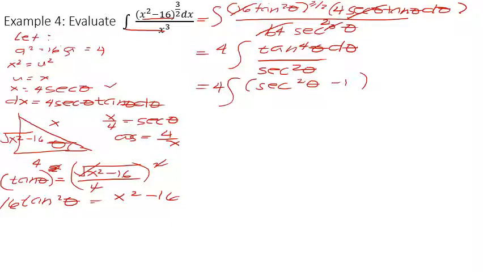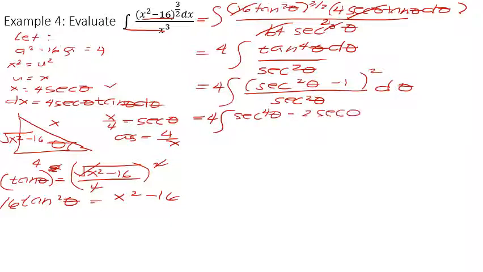So if I do the square here, I can get tangent to the fourth theta all over secant squared theta d theta, right? If I expand this, I get secant to the fourth theta minus 2 secant squared theta minus 1, plus 1, all over secant squared theta, then times d theta.